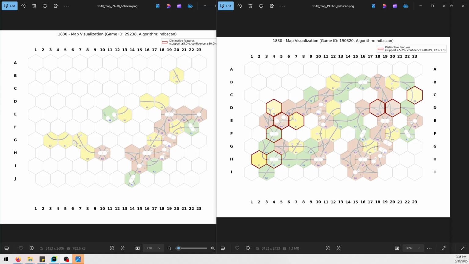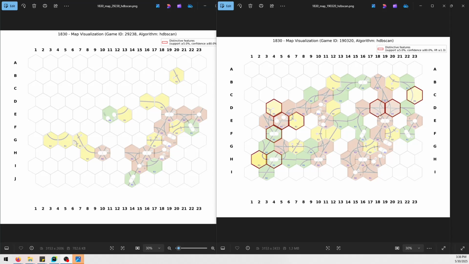And what I tried to do, you can see on the map on the right, was have the algorithm plot which tiles it was identifying as being the most characteristic of the games in this cluster. So, for instance, we have D18 highlighted here in a red outline.